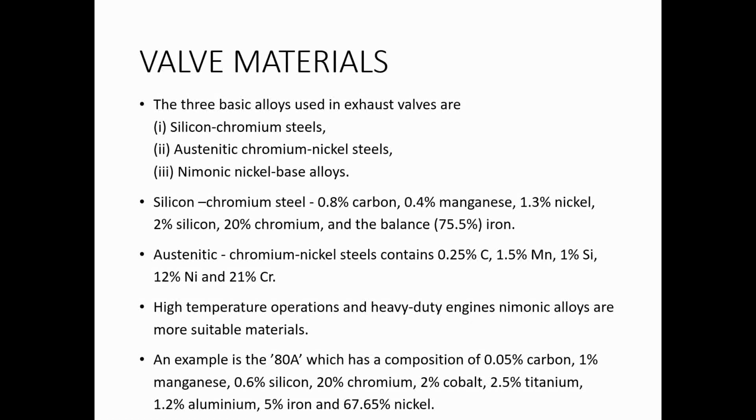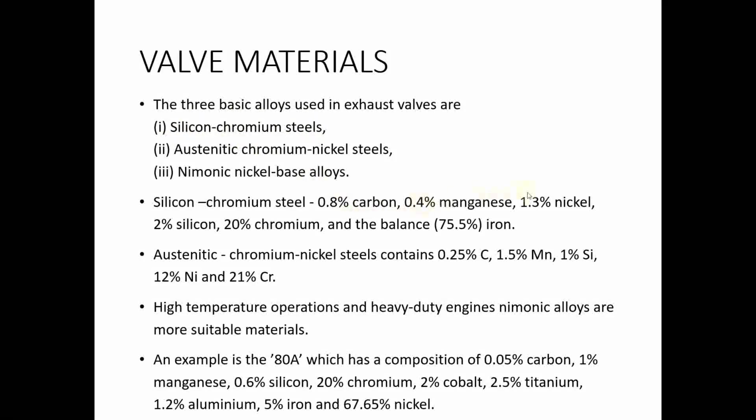The valve materials basically used come in three different types of alloys: silicon chromium steel, austenitic chromium nickel steel, and Nimonic nickel base alloys. In olden days, silicon chromium steels were used as valve materials.